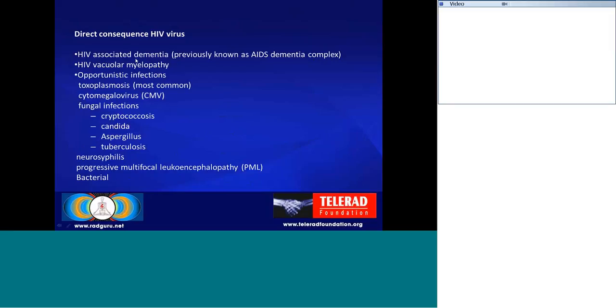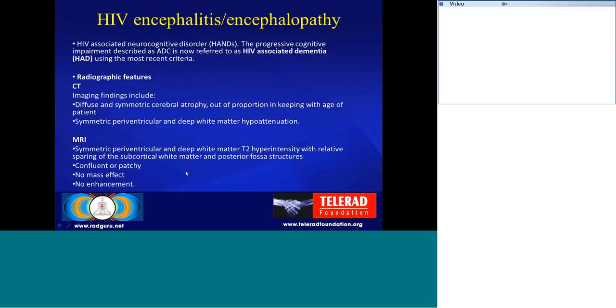HIV-associated dementia, also known as AIDS dementia complex. Next, AIDS vacuolar myelopathy, and opportunistic infections: toxoplasmosis, cytomegalovirus, fungal infections like cryptococcus, candida, aspergillus, and tuberculosis, neurosyphilis, progressive multifocal leukoencephalopathy, and bacterial infections.